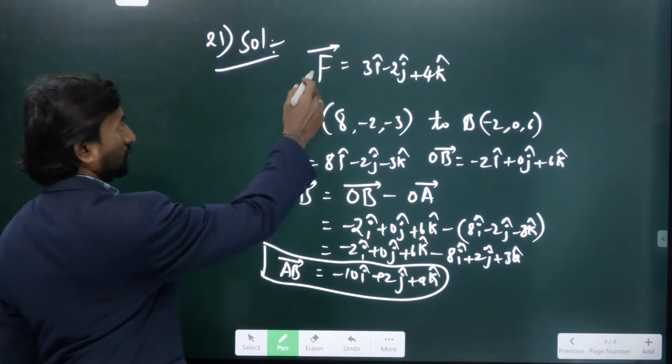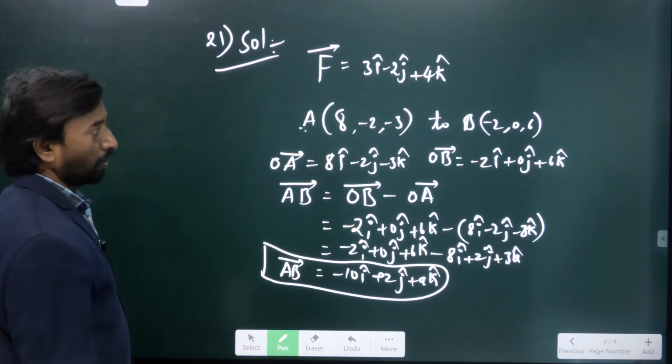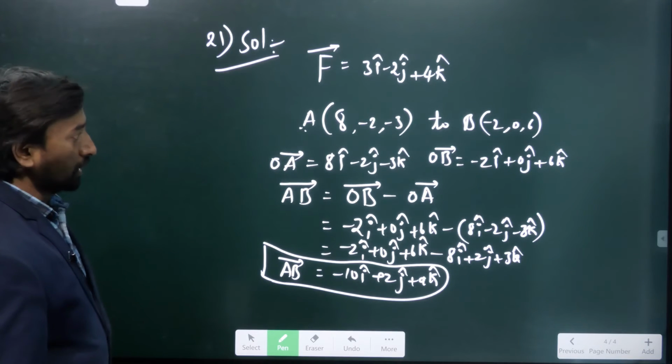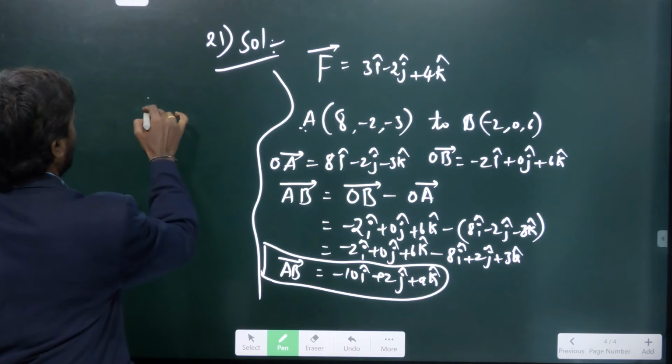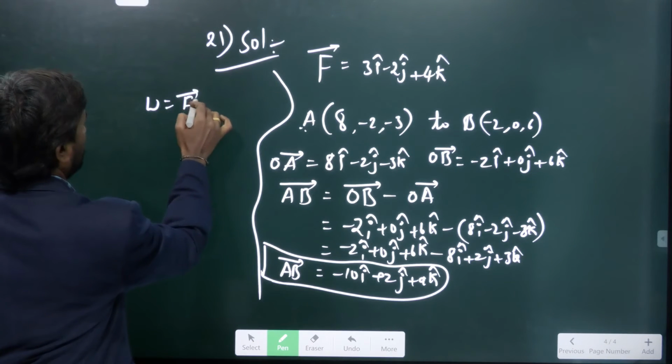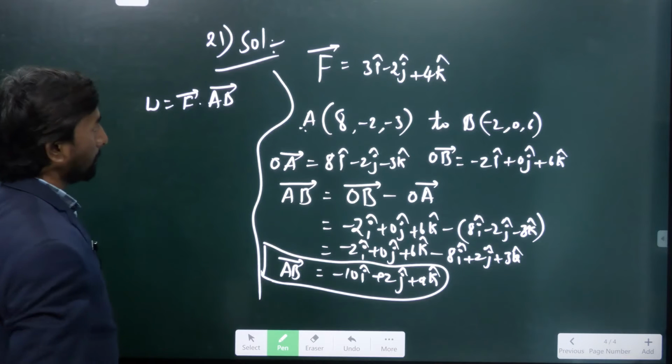Now the force is there, and they are asking for the work done. What is the work done formula? Work done W equals F bar dot the displacement AB bar.